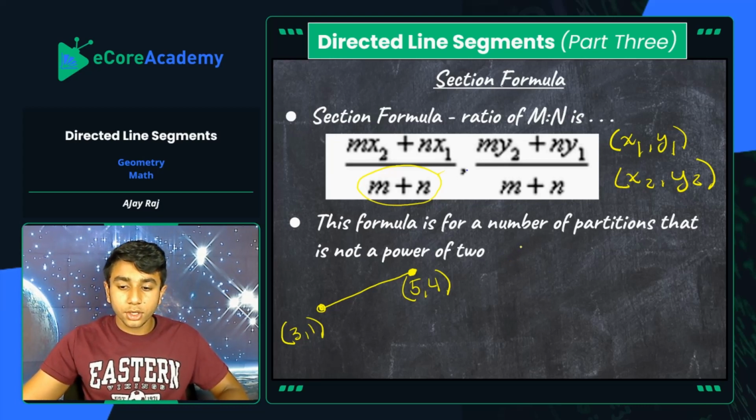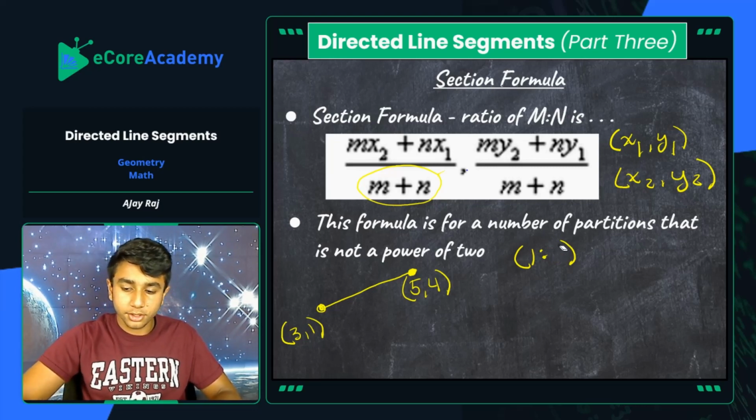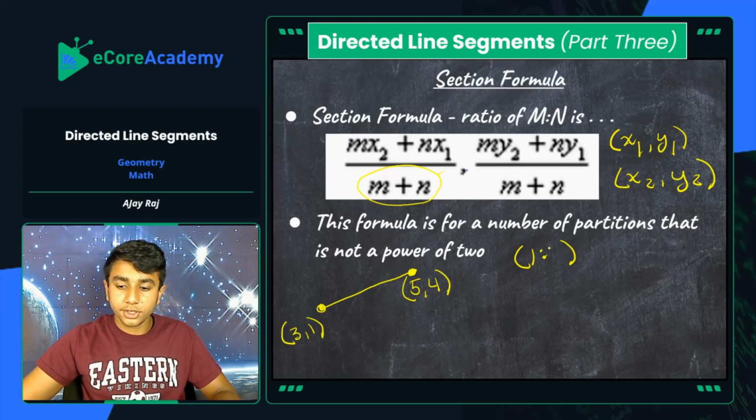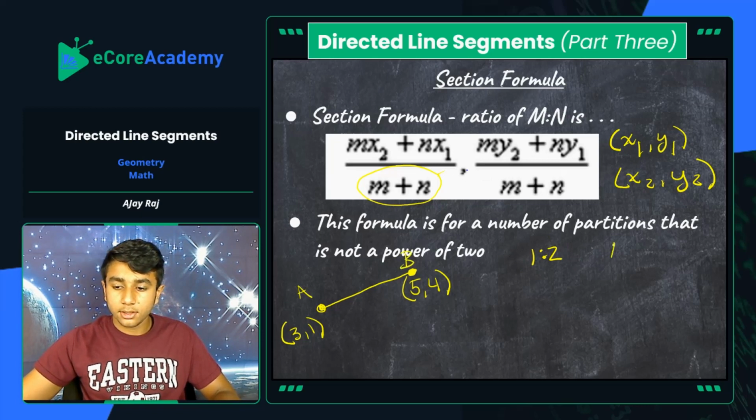Let's do a 1 to 3 split. I apologize, not 1 to 3. 1 to 2. That's what I've written down. I apologize. We have a 1-to-2 ratio that we're trying to split this into. Going from left to right in this case. So I'll say A, B here, and we're going to be going from A to B.